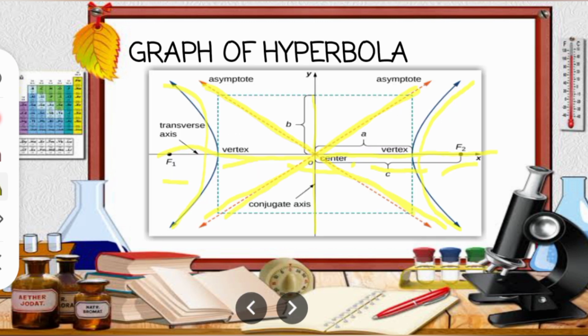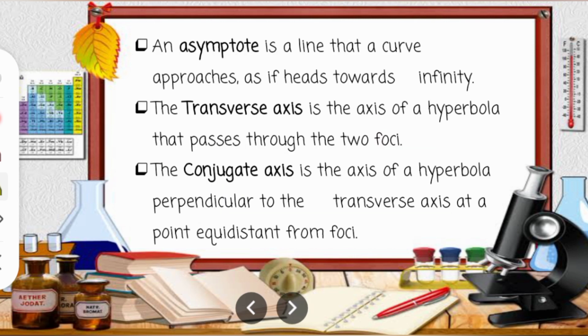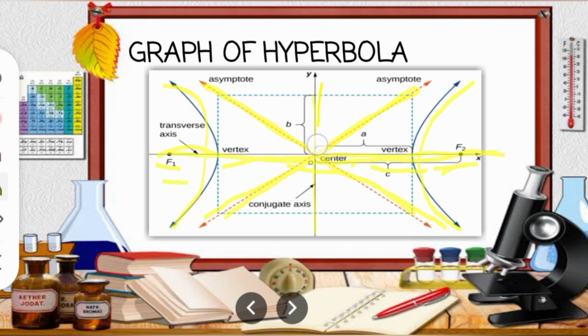So this is our transverse axis that passes through our first focus and our second focus. Next is the conjugate axis. It is the axis of a hyperbola perpendicular to the transverse axis at a point equidistant from the foci. So this is our conjugate axis, or what we call our y-axis.